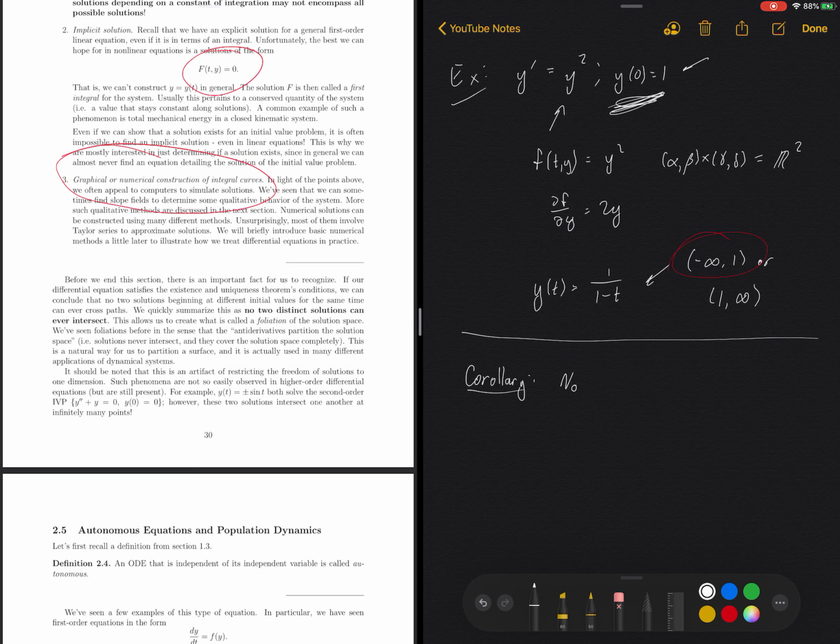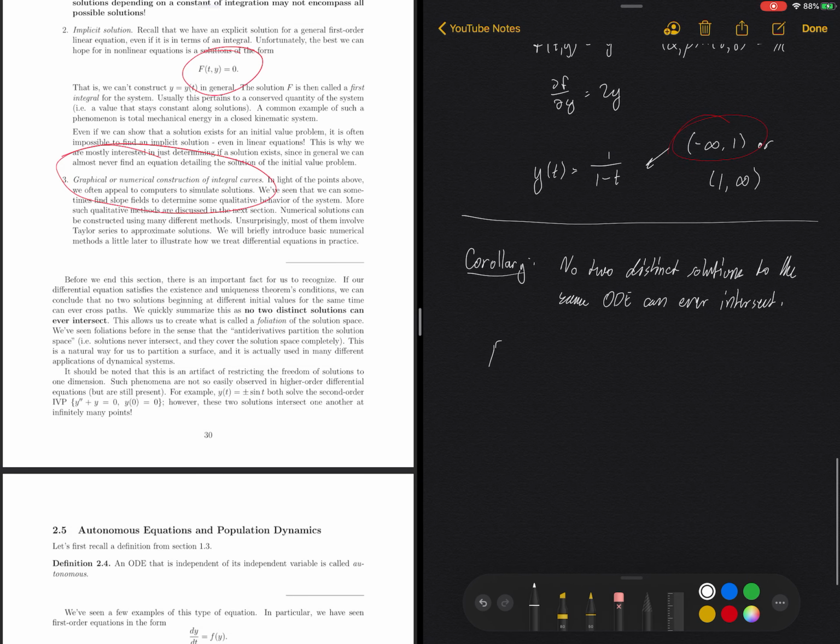And there's one key corollary that I'd like to leave you with at the end of this video: no two distinct solutions to the same ODE can ever intersect.